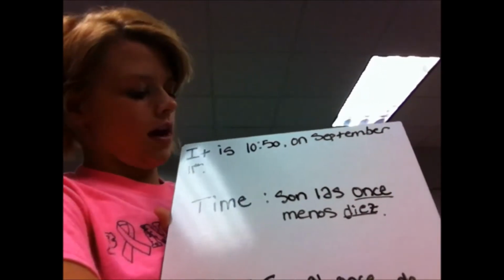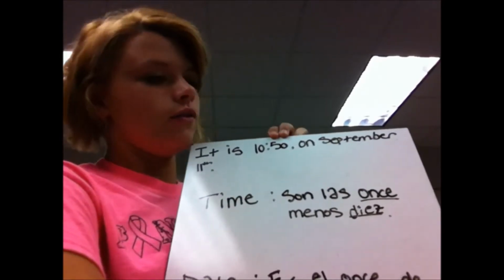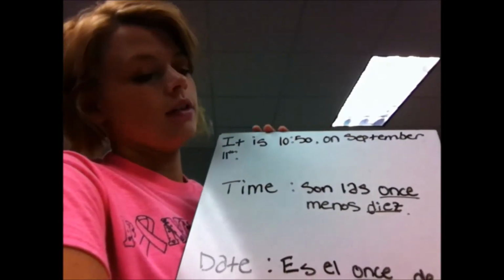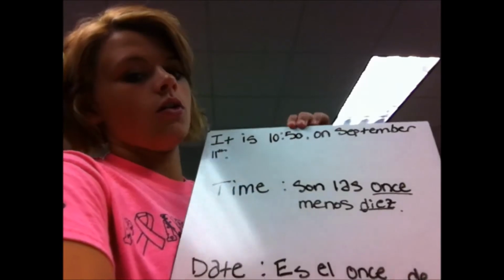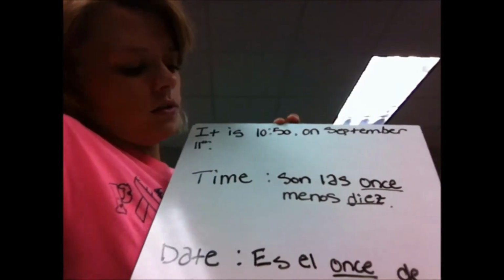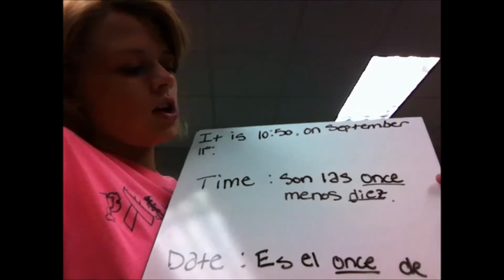Now we're going to do some practice. I'm going to give you a sentence of given information about today, and then in Spanish, we need to figure out how to say the time and the date with the given information. So, I'm telling you that it is 11:50 on September 11th. From that information, what is the time in Spanish?